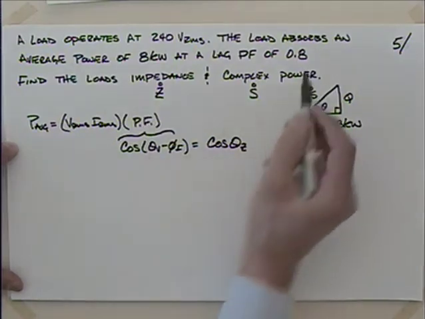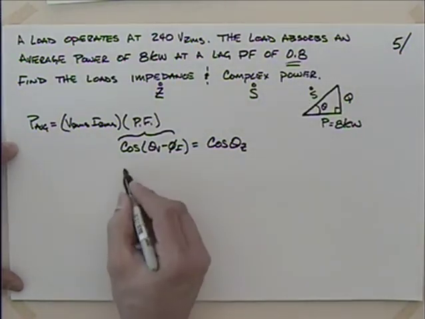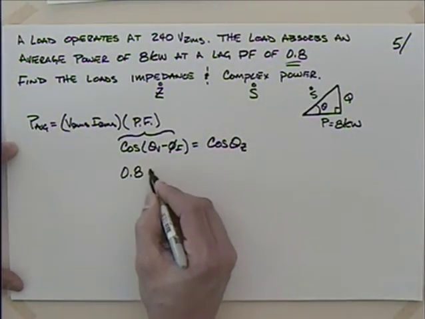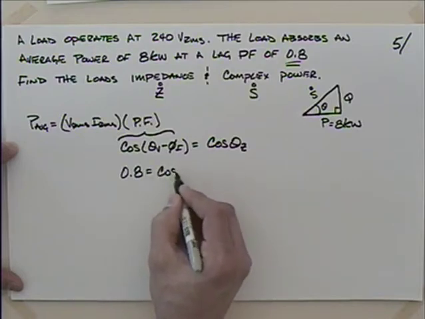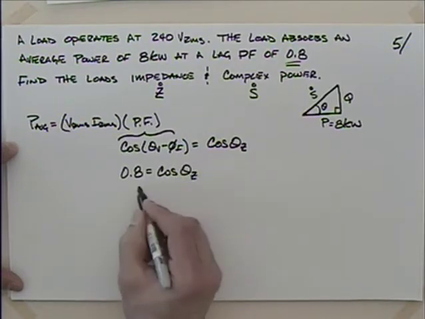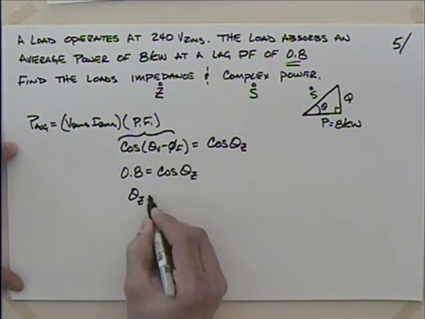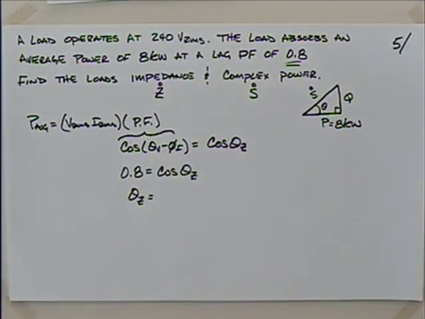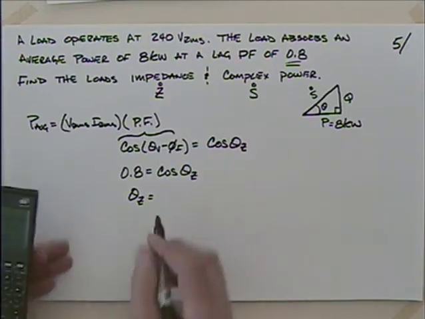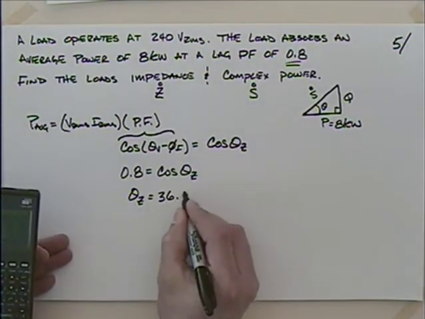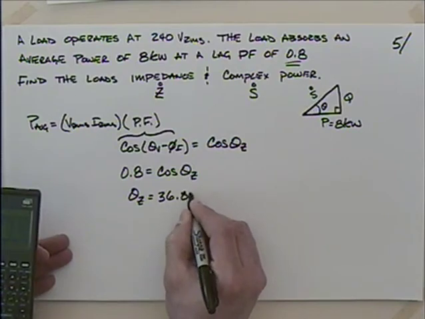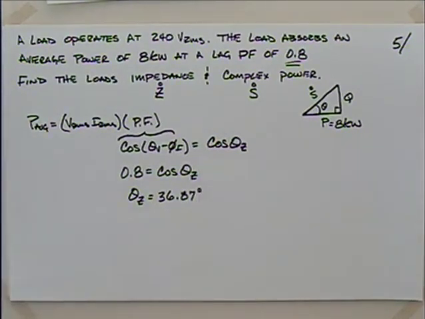So now I can say if the power factor is 0.8, I have 0.8 is equal to the cosine of theta z. So what's theta z equal to? Arc cosine of 0.8? Is that right? So I have 36.87 degrees.